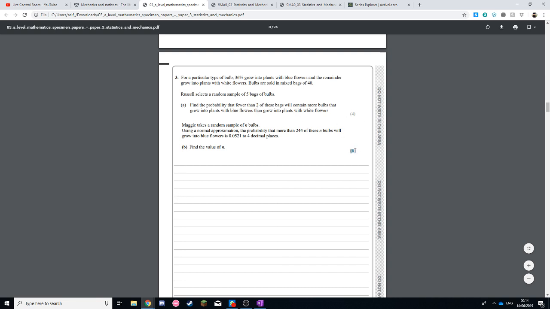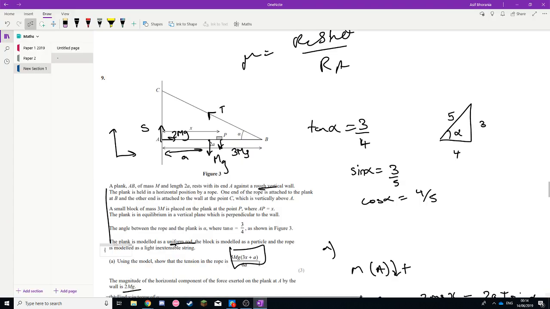And now for this 6 marker, I think you just do a lower bound. You can do inverse normal for a standard normal distribution to find the z value for the upper bound.